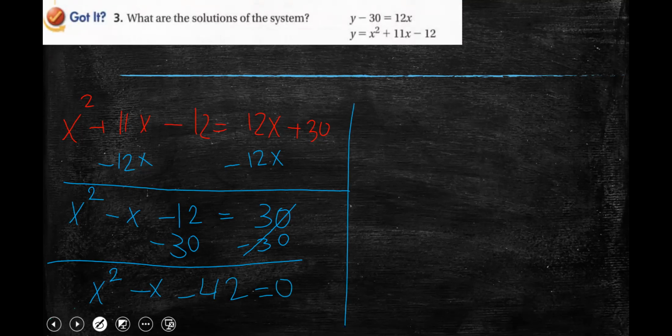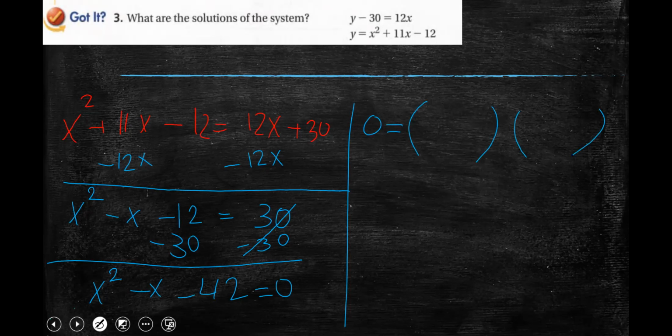Then after that, after I substitute, I need now to factorize. In the first one, we said subtract or eliminate, factor, find x and y. Here, substitute, factor, find x and y. So let's now factorize.